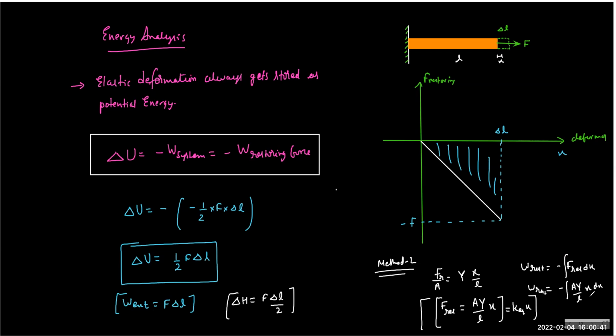And x will go from 0 to delta L. So the F restoring is equal to minus AY by L into delta L whole square by 2.